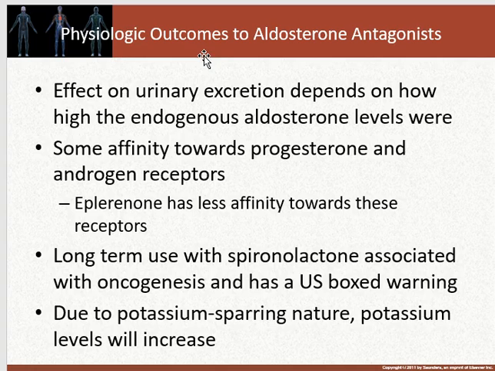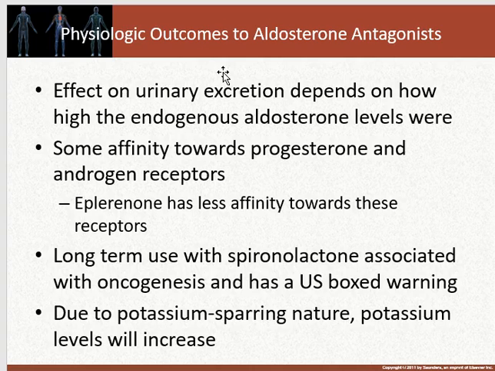So the physiologic outcomes of supplying aldosterone antagonists are varied. There's going to be a urinary effect, and the effect on urinary excretion is really going to depend on how high the baseline levels of endogenous aldosterone were before the therapy began.